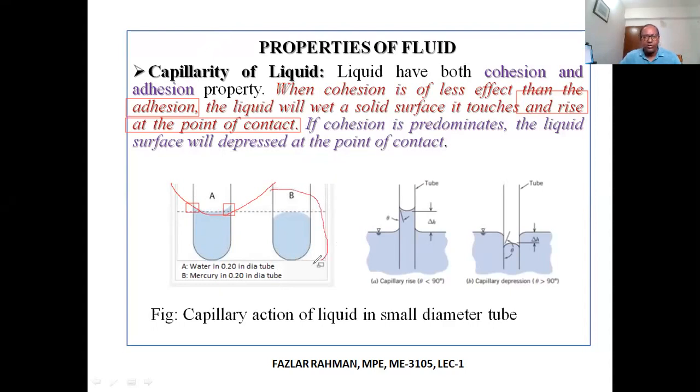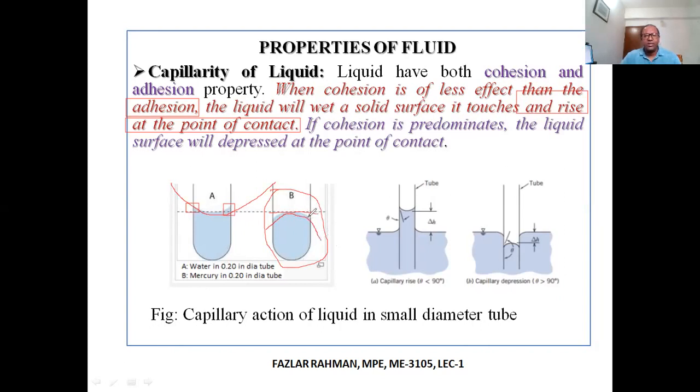But if you look at the right side figure, you see the liquid at the wall. They don't like to stick with the wall. If they liked to stick with the wall, then the whole surface would be along this horizontal line. But instead of a horizontal line, they are making an upside down curve, right?